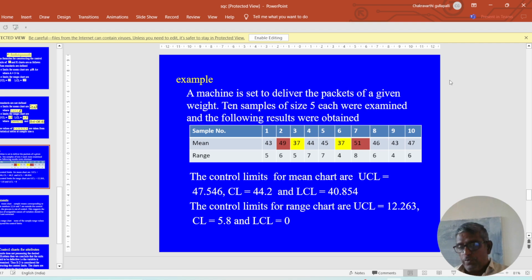That means two values are above the upper control limit and two values below the lower control limit. But coming to the R chart, all values are within the limits. The UCL is 12, but no range value is beyond 8, so all values are below the UCL. Only the mean chart exhibits two values above the UCL and two values below the LCL.